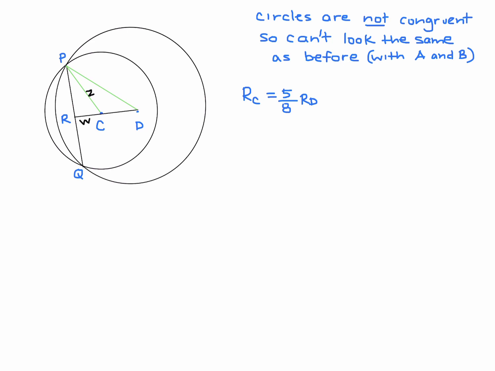And then DR, well, CD, they told me in the question, is 39. So DR will be W plus 39. So let's just list them all here.